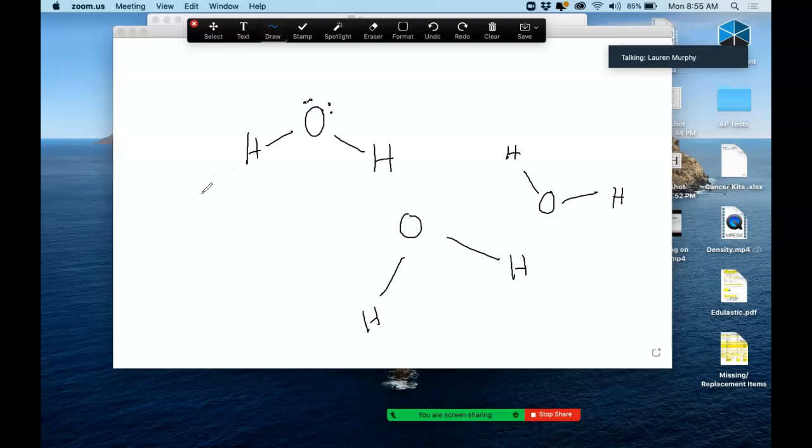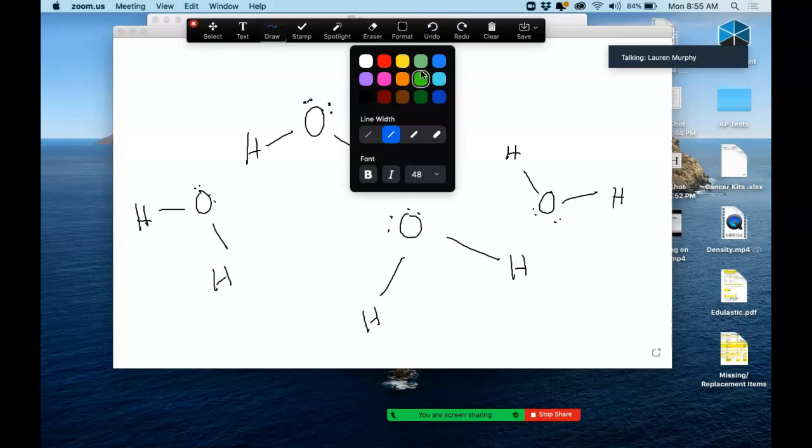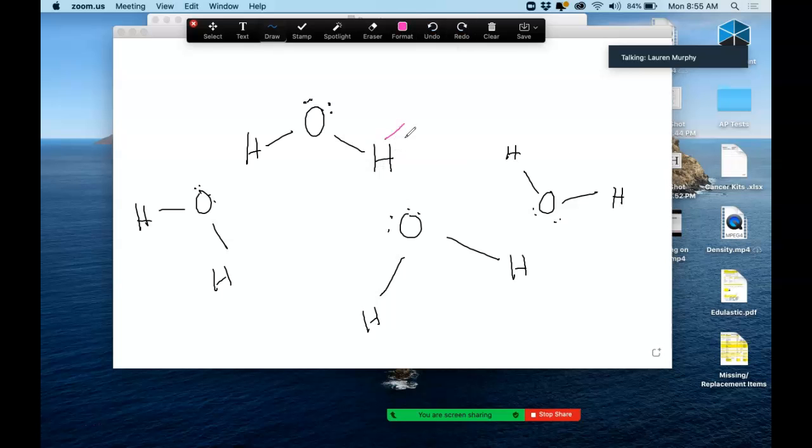And I could just draw water molecules all over the place. Well, we just said that the oxygen-hydrogen bond is a polar bond, meaning the oxygen is really attracting those electrons more than the hydrogen in all of these water molecules, because oxygen is very electronegative, meaning it is very attracted to electrons.